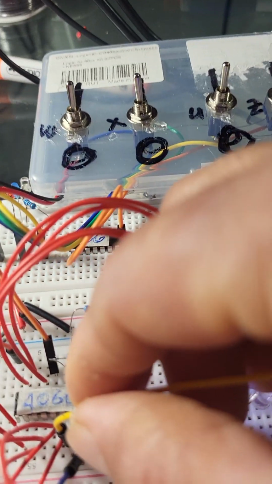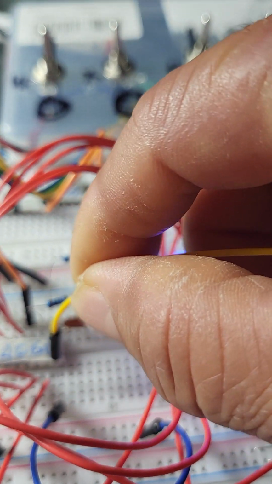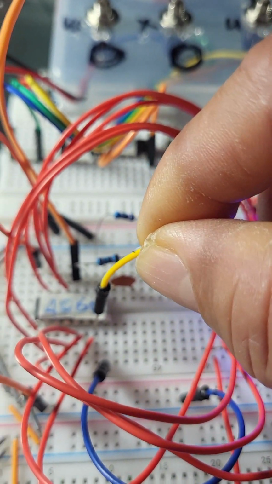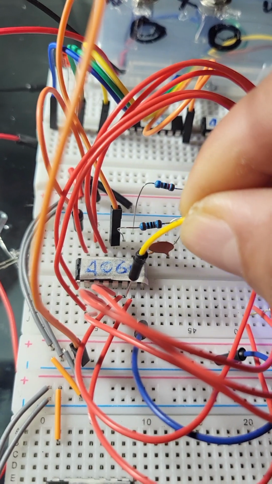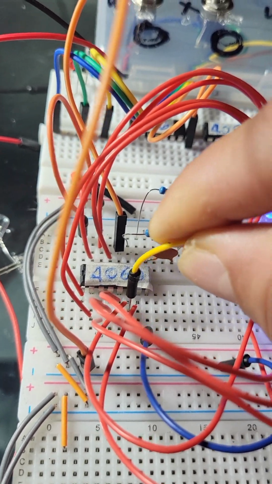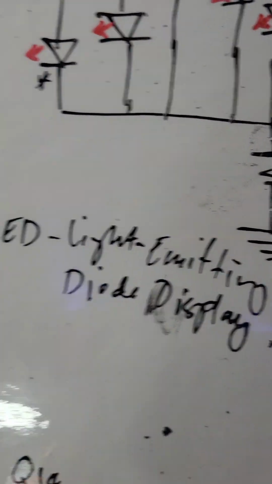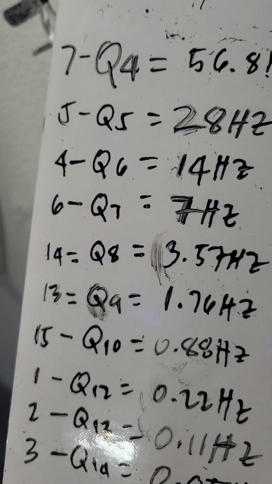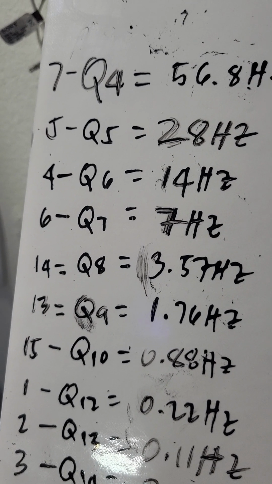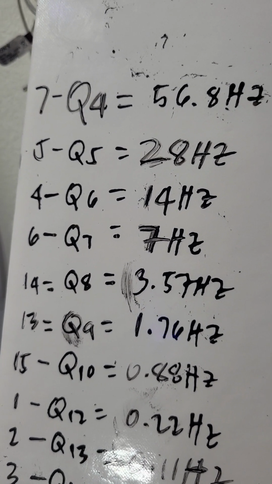We try another pin. See, we try pin number 6. Pin number 6 is Q7, having a frequency of 7 hertz.